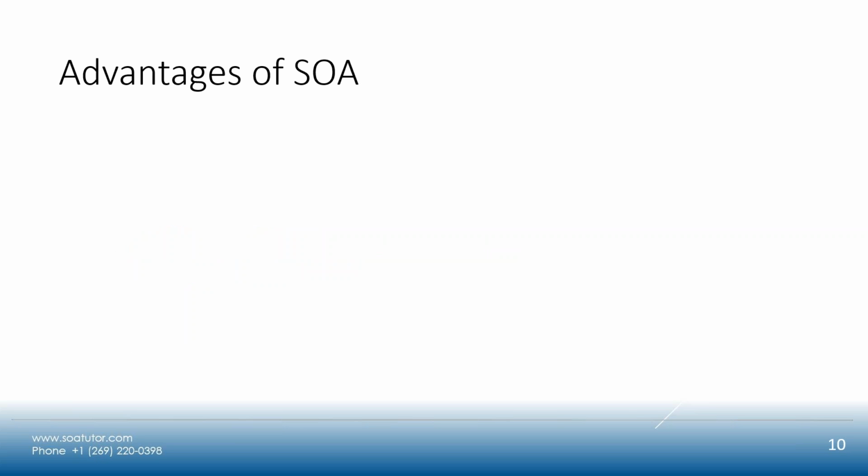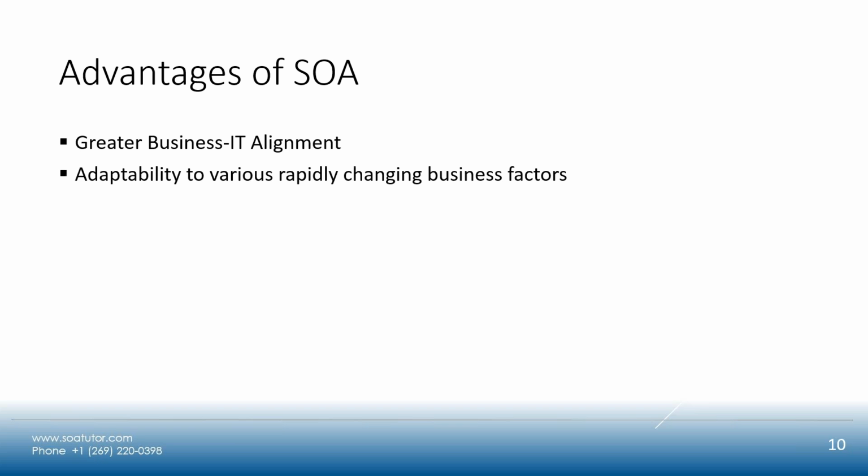What are the advantages? We have seen all the advantages, and we spoke about them in layman terms. So let's see. Advantages are greater business IT alignment, adaptability to various rapidly changing business factors. Okay, a very simple example would be now UK has come out of the EU, right?